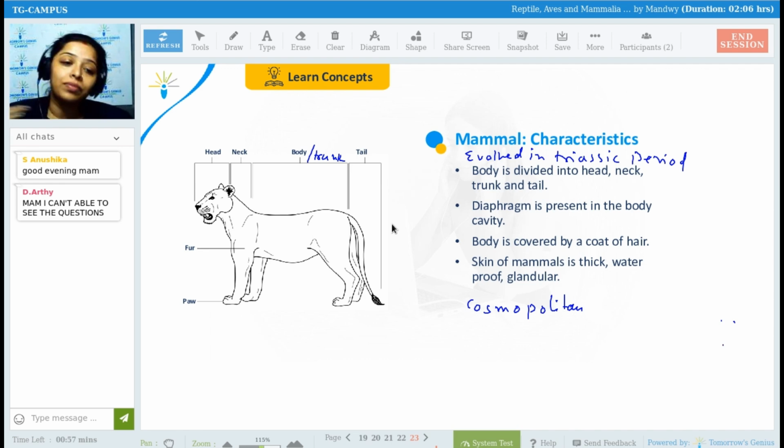In defecation, it definitely helps somewhat in humans, but in other animals the diaphragm helps in all these functions: respiration, defecation, micturition and parturition. The body of mammals is covered by body hair, and the hair is made up of a special type of protein, keratin.